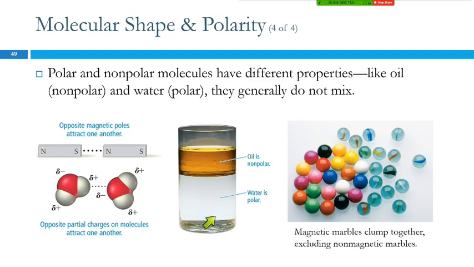That's what's happening with the water and the oil. The water molecules are very attracted to each other like the magnetic marbles, and so they push the oil out. The oil rises to the top because it's less dense. There are other nonpolar substances that are more dense and will go to the bottom, but they will still separate into layers. Any questions?